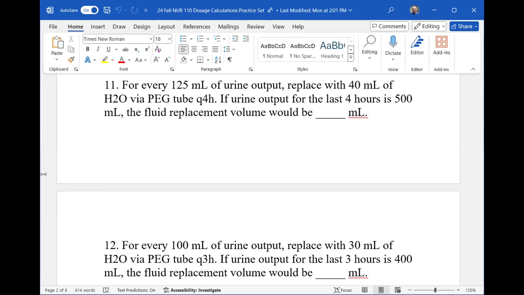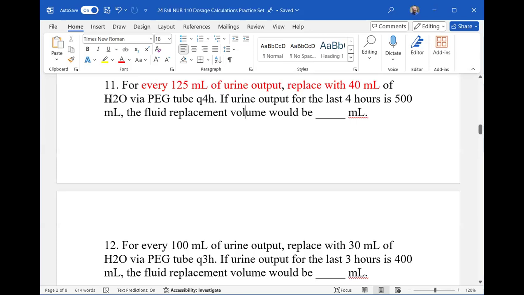So in this equation, we have a couple things. It says for every 125 milliliters urine output, so that's one thing, you're going to replace with 40 milliliters. Okay. So for every 125, you're replacing with 40. The next thing is there's some extra information here.